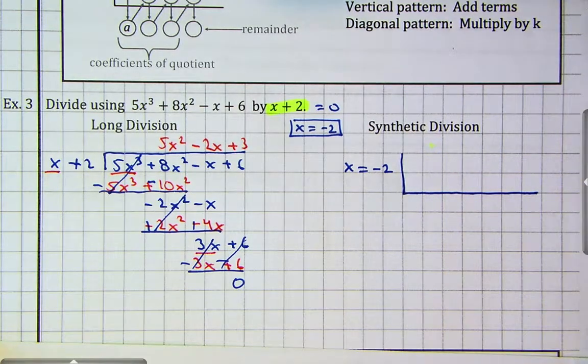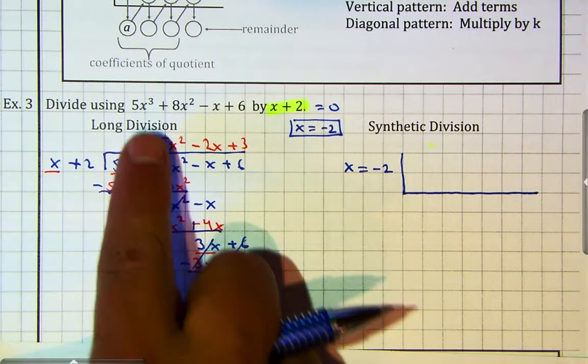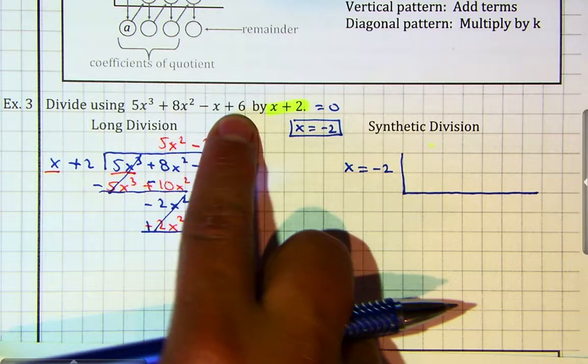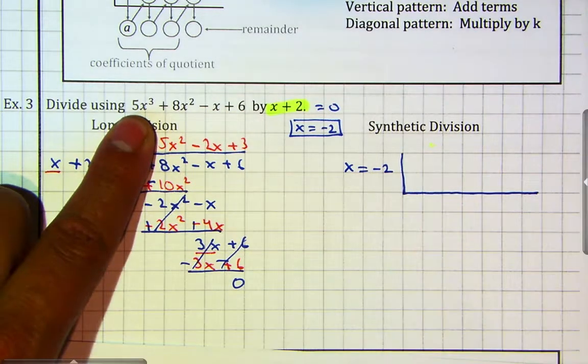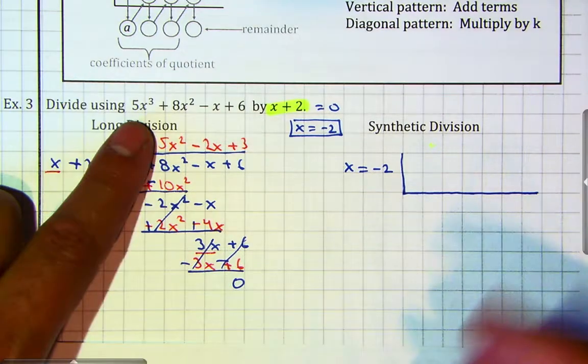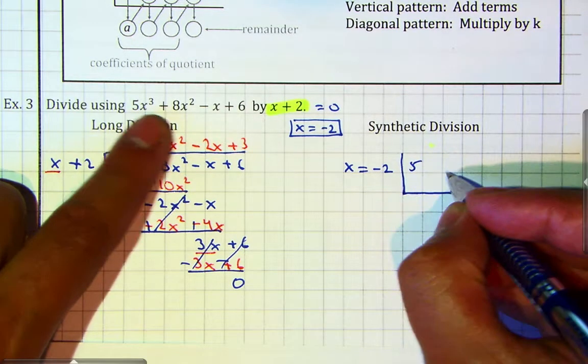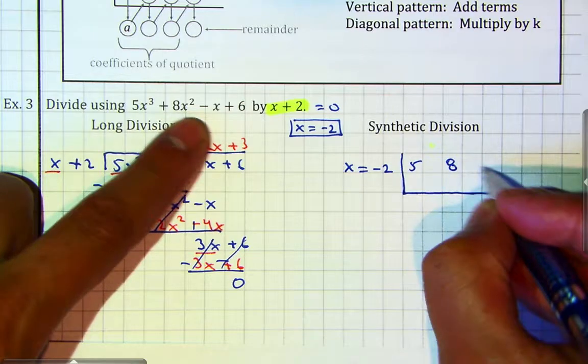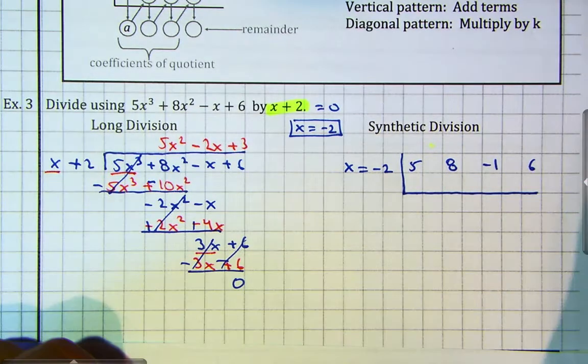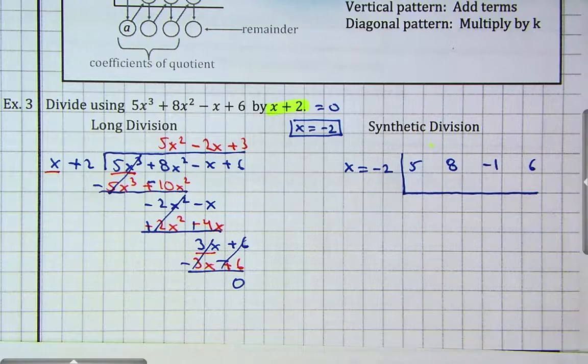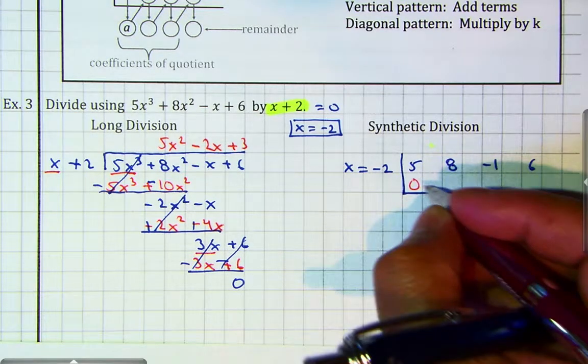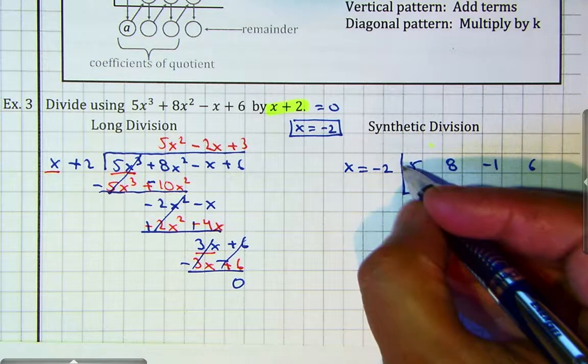L. And now I'm going to only grab my coefficients. So make sure that you're not missing any exponents, which we're not. So that'll be 5, skip a space, 8, negative 1, and 6. The process. I'm going to place a 0. Then I'm going to add.